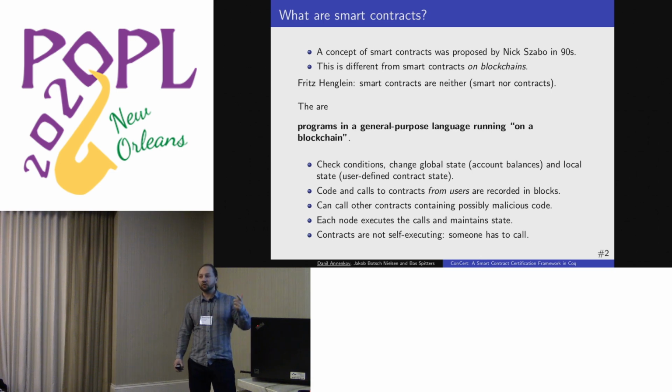Contracts can call other contracts, which is also important to emphasize, and these contracts can be arbitrary, containing possibly malicious code. There is also a popular misconception that contracts are self-executing entities. They are not. They are procedures recorded somewhere, but someone has to call them to start the execution process.